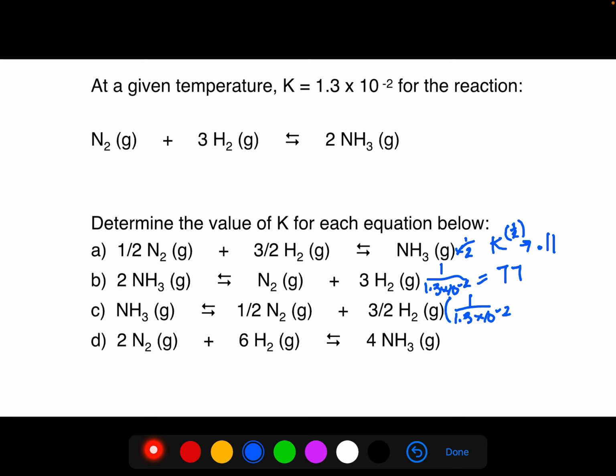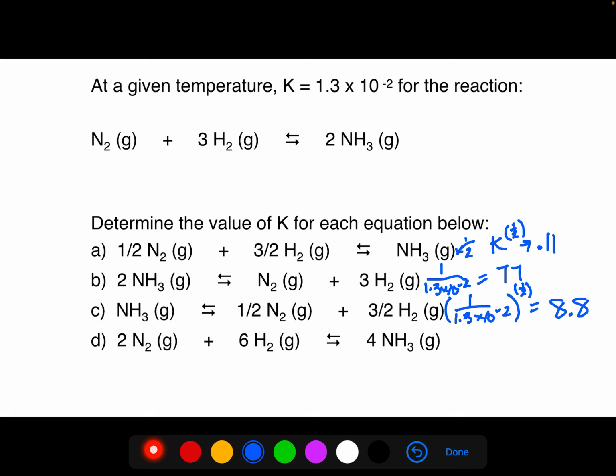So this is also going to be raised to the 1/2 power. So you can take that value we got from B, that was the inverse, and raise it to the 1/2 power. And leaving it at 2 sig figs, this is going to end up being 8.8.